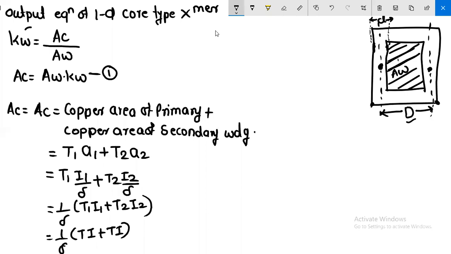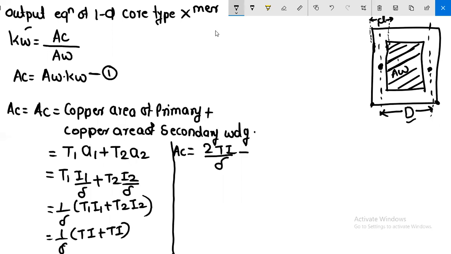So it is equal to twice Ti divided by delta. Is that correct? What is here at the right hand side? That is nothing but the AC. Twice Ti divided by delta.